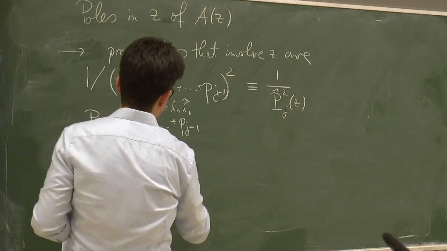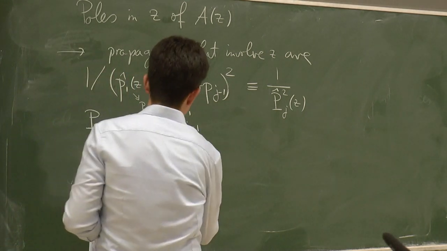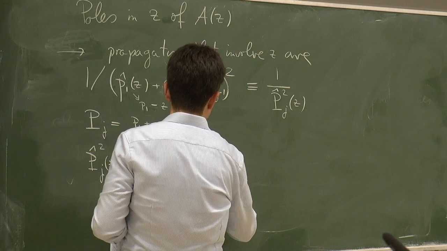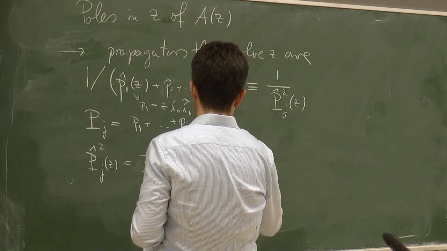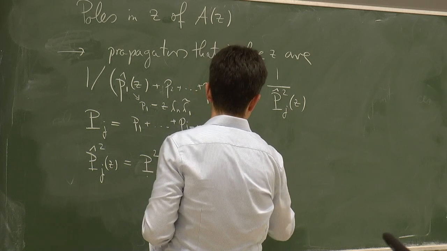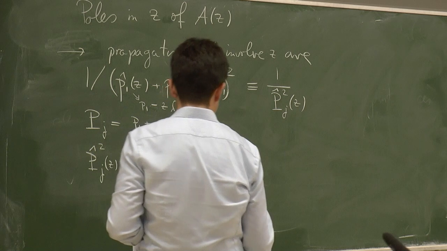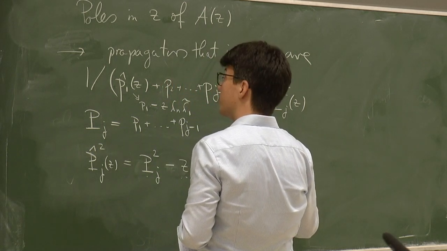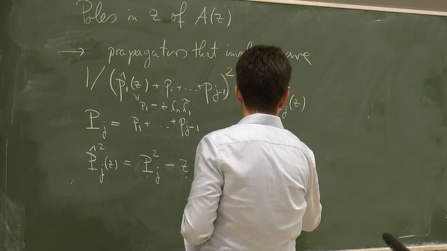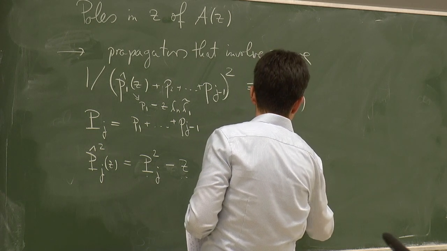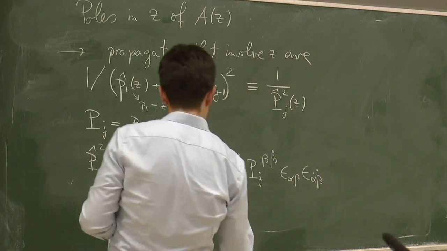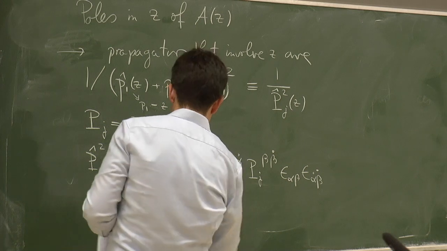Then we have a term with minus z, lambda n alpha, lambda tilde 1 alpha dot, and Pj beta beta dot, epsilon alpha beta, epsilon alpha dot beta dot, and there should be a 2.